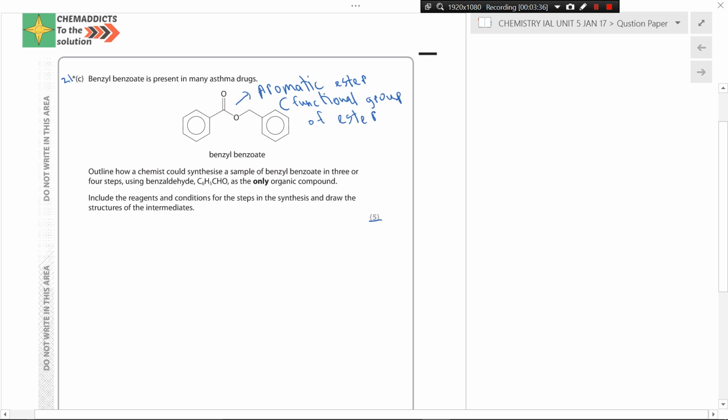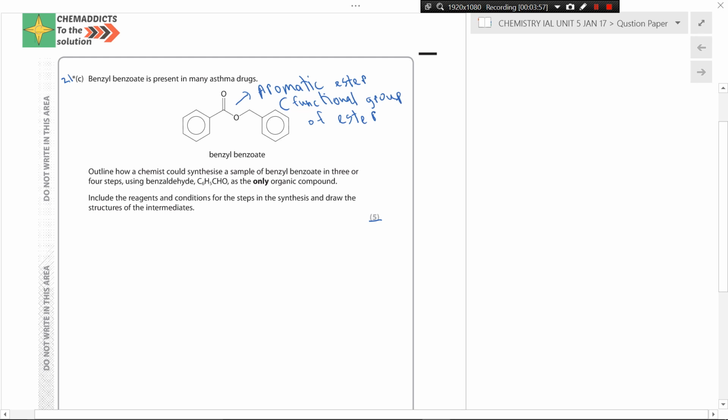Okay, so we have come to know that this is an aromatic ester. Fine. So we need to prepare this type of compound by only using benzaldehyde as the organic compound as mentioned in the question.